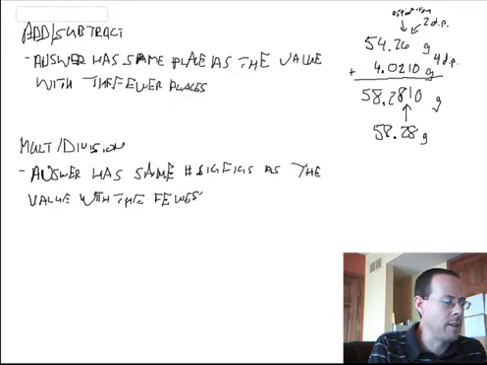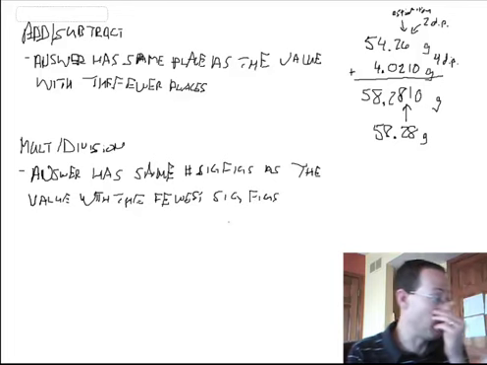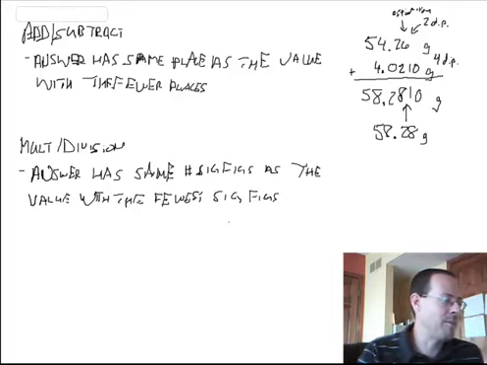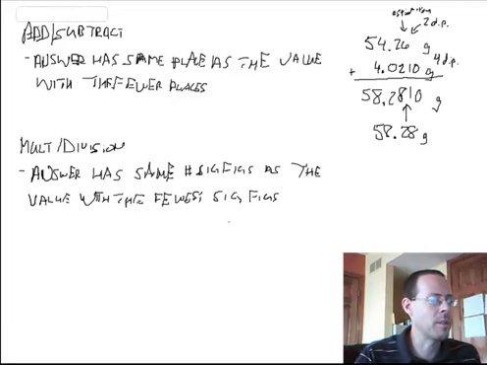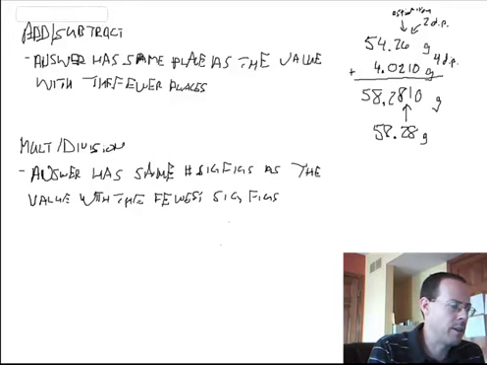Again, bear with my writing, it is terrible. I'm trying to go fast. Alright. So again, I'm going to just listen as I read this off. The answer has the same number of sig figs as the value with the fewest number of sig figs.